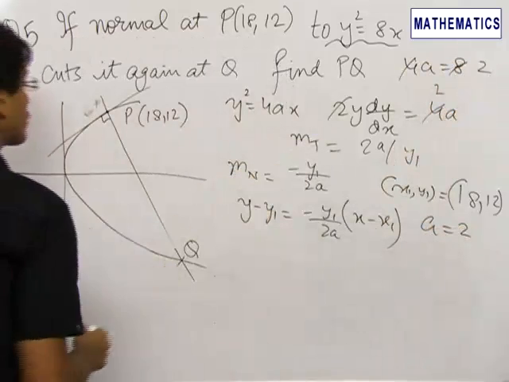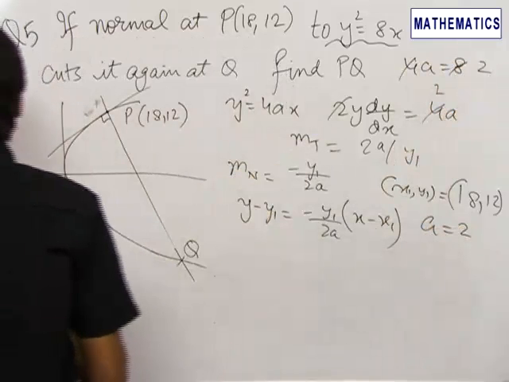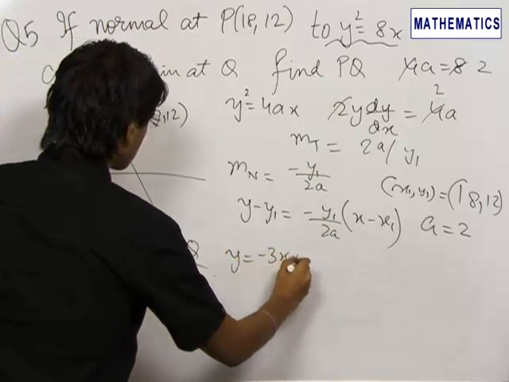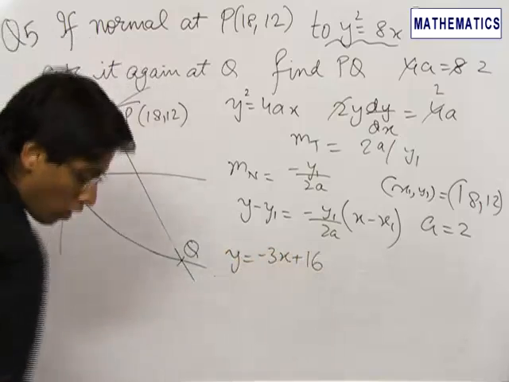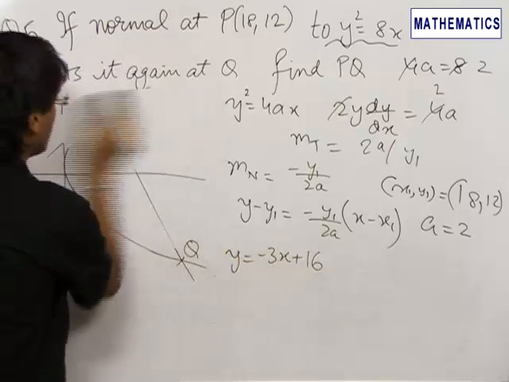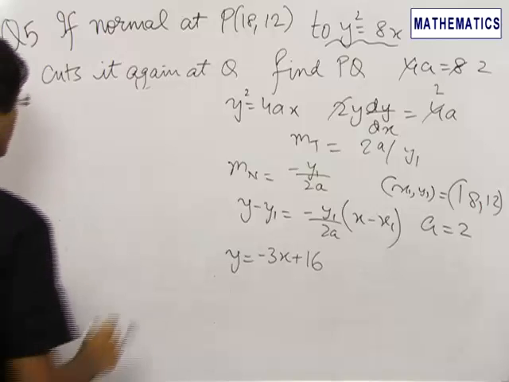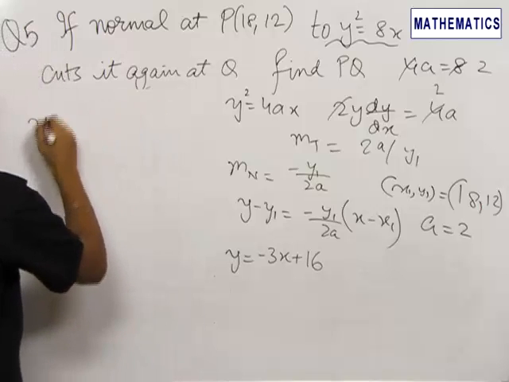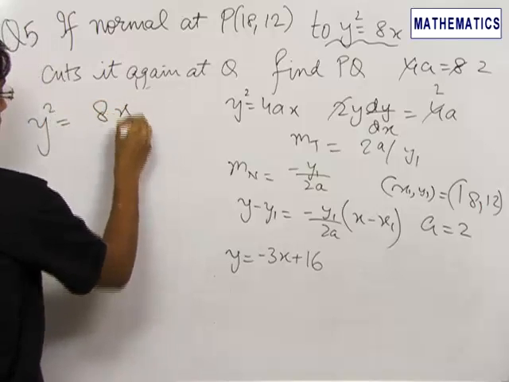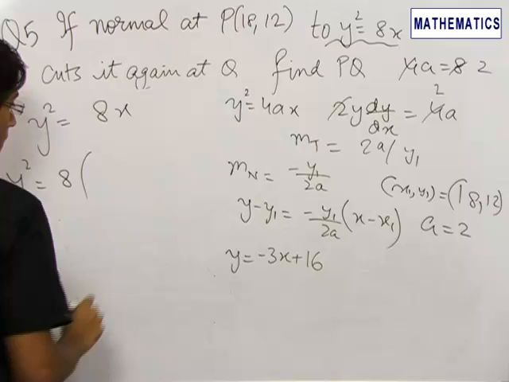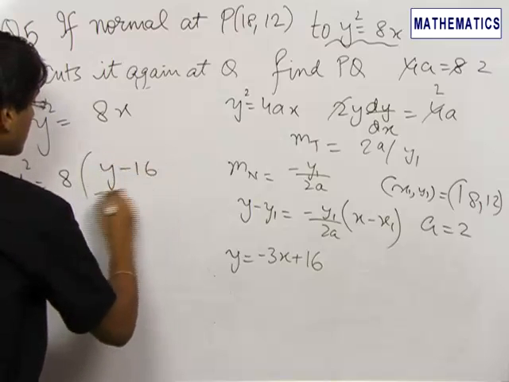On putting the values of x1, y1 and a in this equation, we get the equation of normal as y is equal to minus 3x plus 16. Now we can solve this equation of normal with the parabola to get the 2 points. We have the parabola y square is equal to 8x, so we can write this as y square is equal to 8 times (y minus 16) by minus 3.